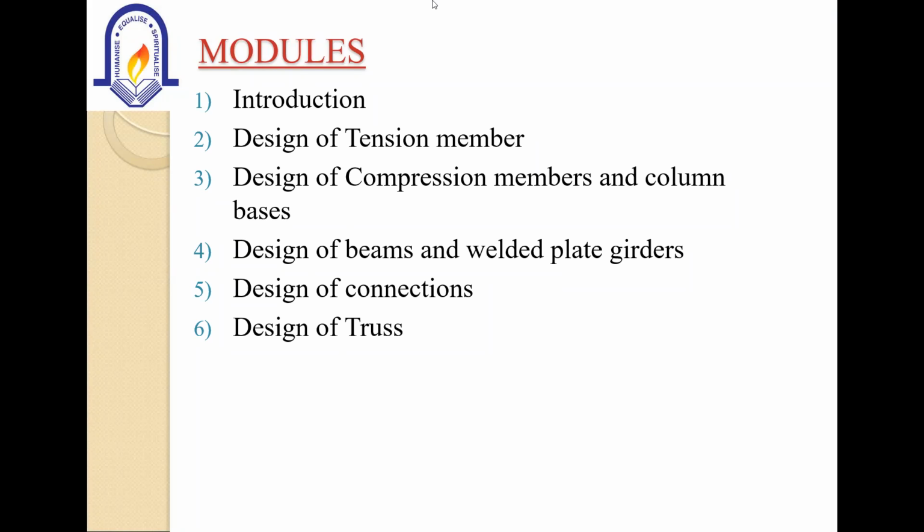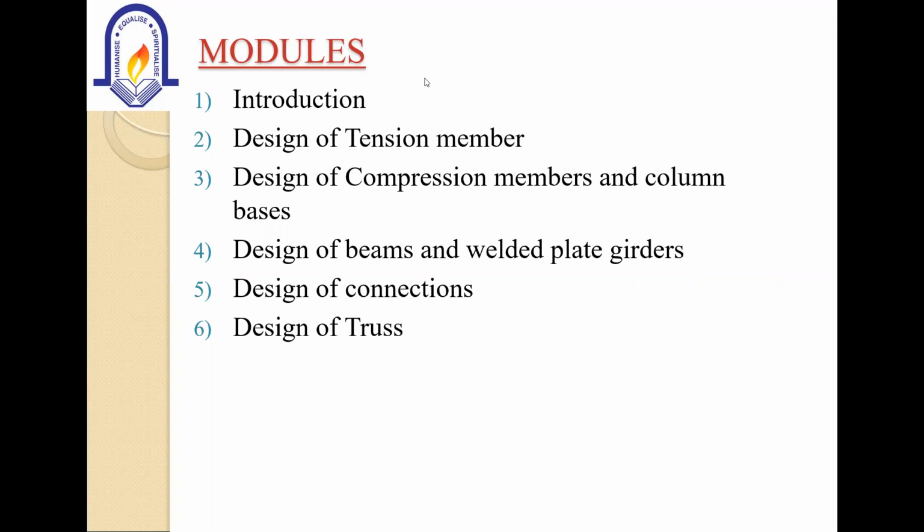Then the third module will be your design of compression member and the column bases. In that, you are going to design the different compression members and the column bases. Then the next module, module number 4, is your design of beams and the welded plate girder. In that, you are going to design the different beams and the welded plate girder.